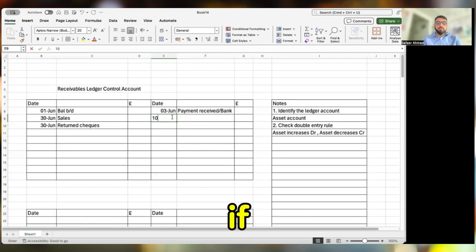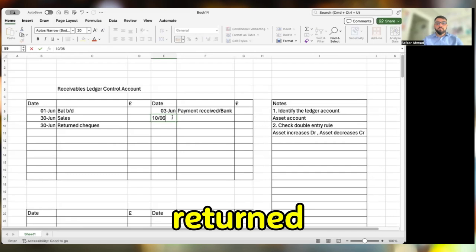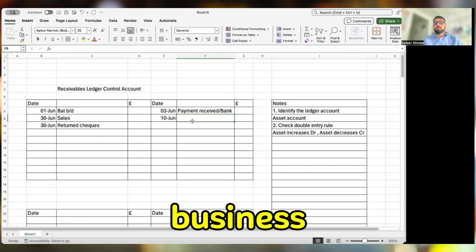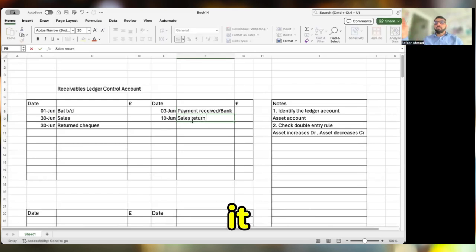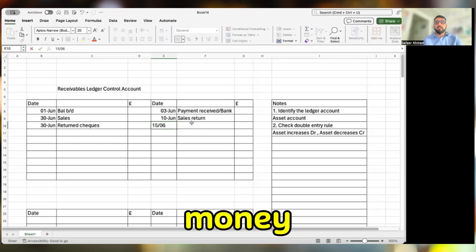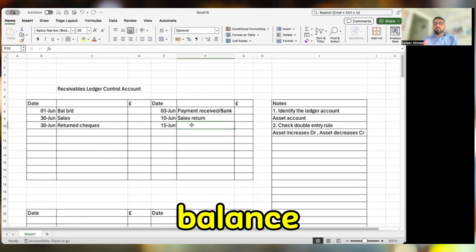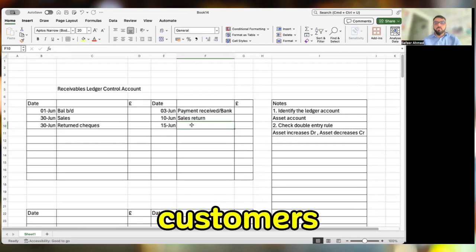Similarly, if a customer has returned goods to the business, they're not going to pay that money anymore. So sales returns will decrease this balance, and hence go on the credit side. And if a business gives a discount to customers, again that will reduce the balance that the customers owe you.